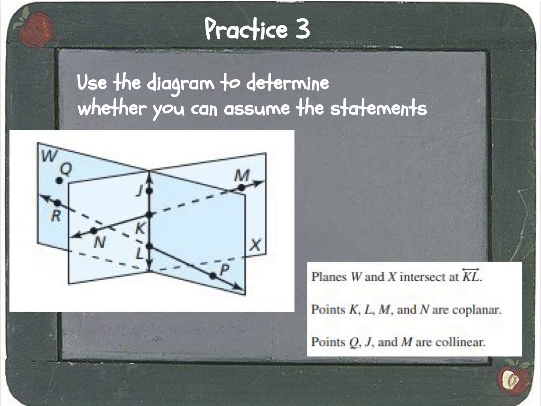Okay. Use the diagram to determine whether you can assume the statements. Planes W and X intersect at KL. You mean JKL? Do we ever use 3 points to label a line?